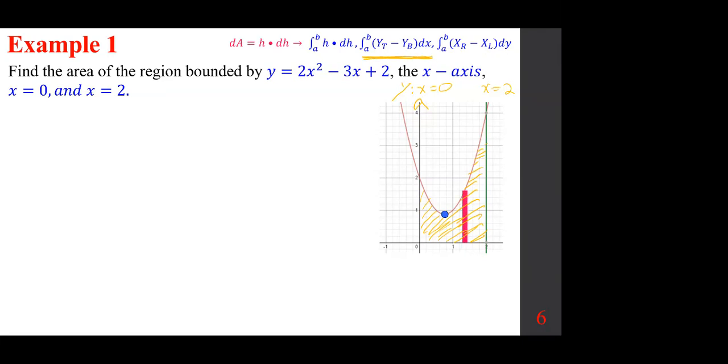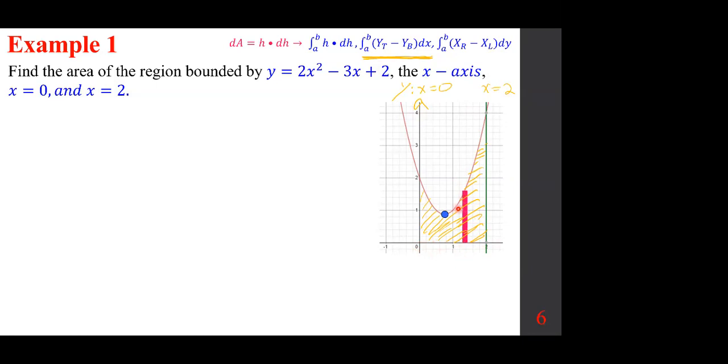This is an increment of the volume. My apologies, area. This is an increment of the area. So all you have to do is figure out the height for this one, figure out the width, and then sweep it across from the beginning to the end. So number one, what are the dimensions?